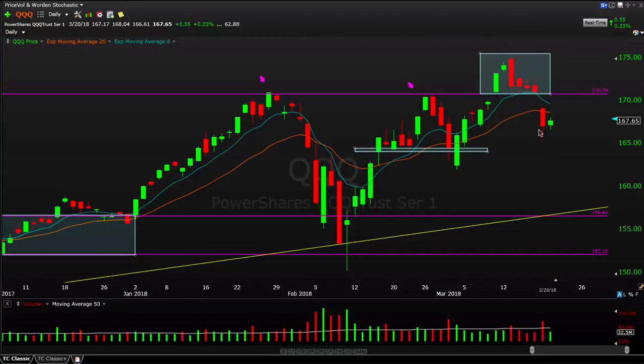So the way we look at this going forward, again, it doesn't have to be doomsday. I'm not saying we have to completely fall apart here. Markets are always about probabilities, not guarantees. But what we want to see happen sooner rather than later is a fill of this gap.